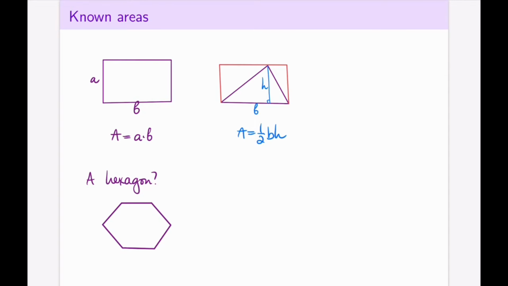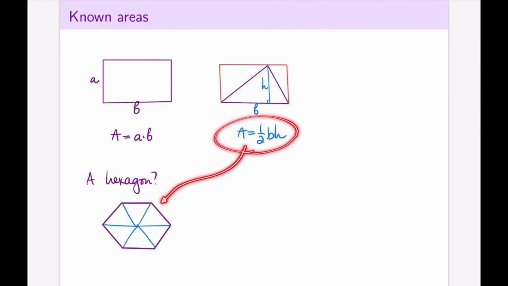Dissecting a hexagon into rectangles might be difficult, but dissecting it into triangles is something that can be achieved fairly easily. I can pick a center and then simply divide the whole thing into triangles. Now the problem gets reduced to the one whose solution we already know. Each of these triangles can be computed using the previous formula, and then we simply have to add all of those numbers up.